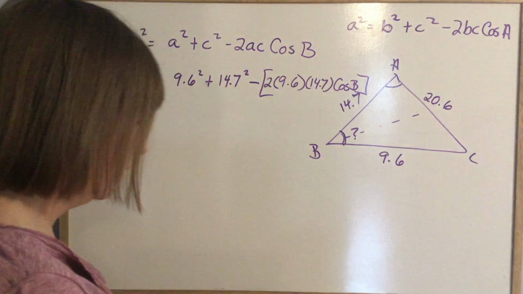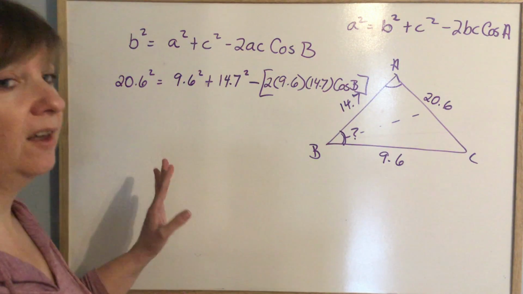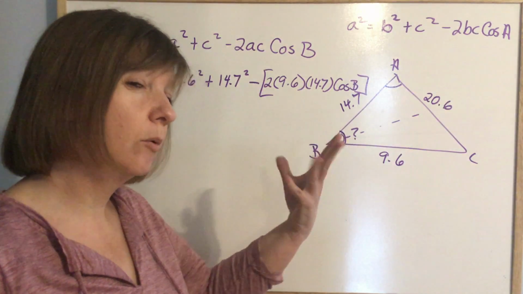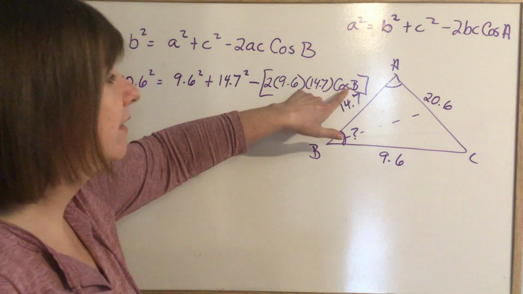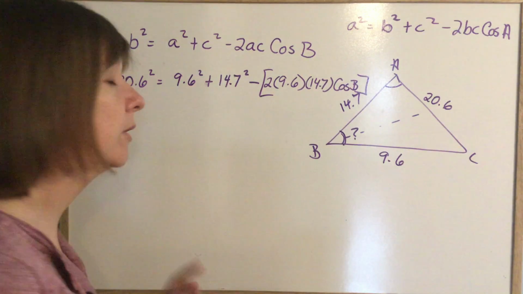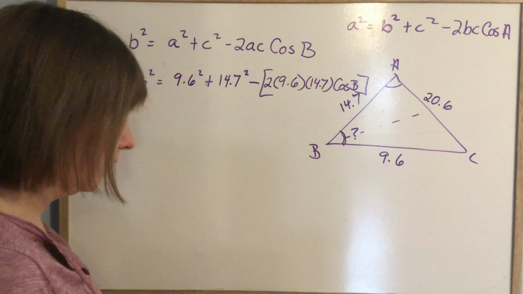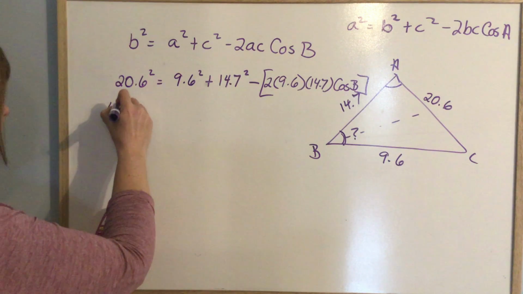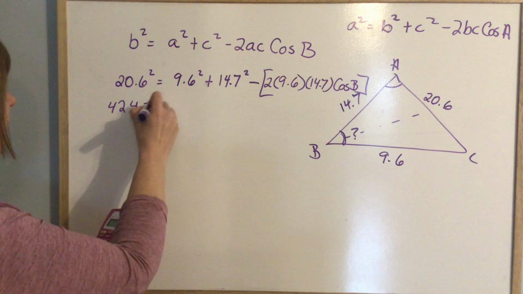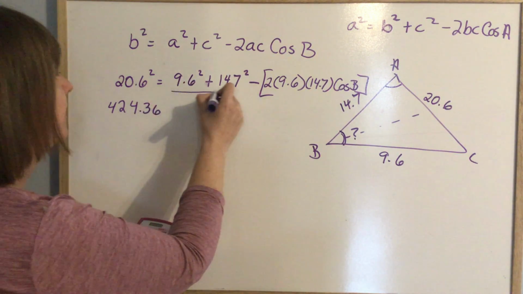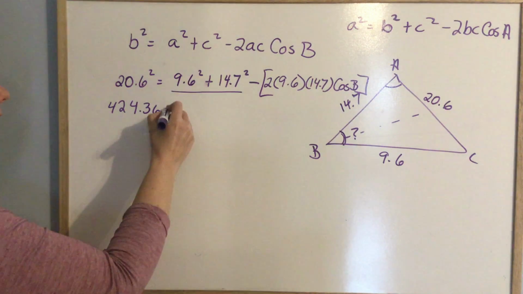All right, so I actually take this a little slower than the other one because this is not isolated, it's not by itself. So I take it a little bit slower, do it in a little bit more parts. 20.6 squared, that is 424.36. And then I take these two things and I add them together.